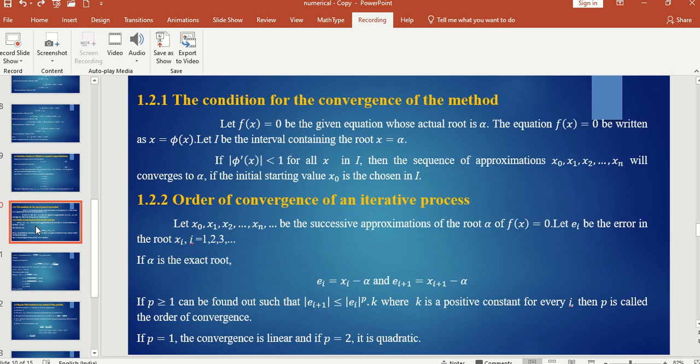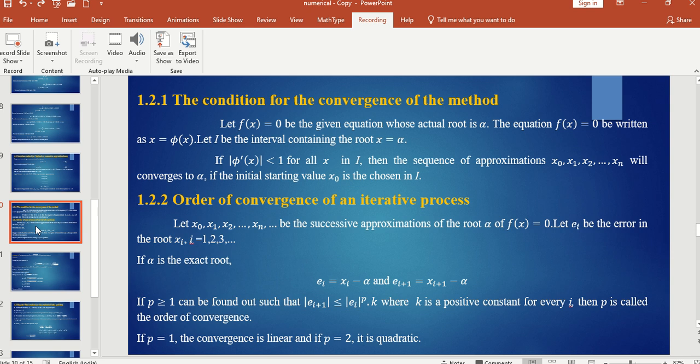Next we see the condition of convergence of the method. If f of x equal to 0 is the given equation whose actual root is alpha, then the equation f of x equal to 0 can be written as x equal to phi of x, and let I be the interval containing the root x equal to alpha.